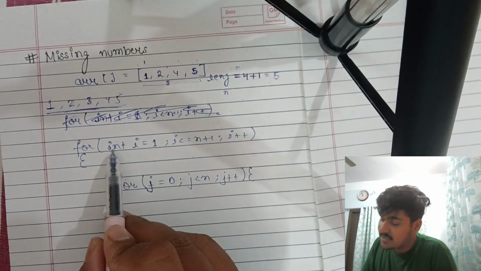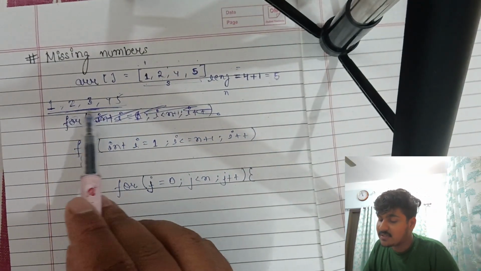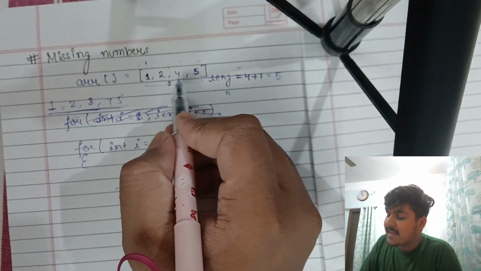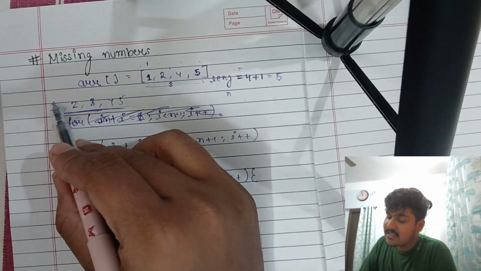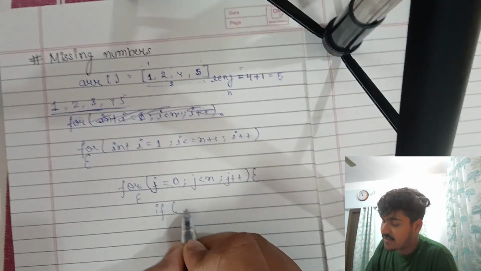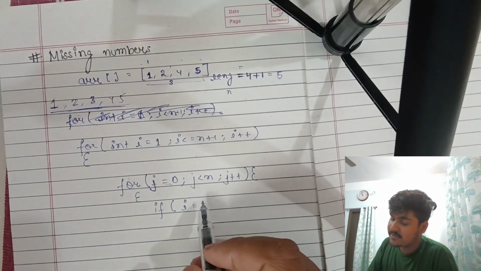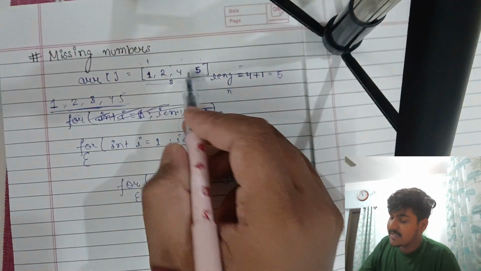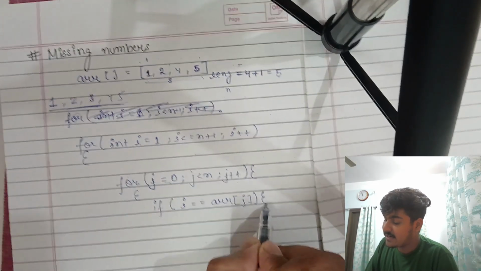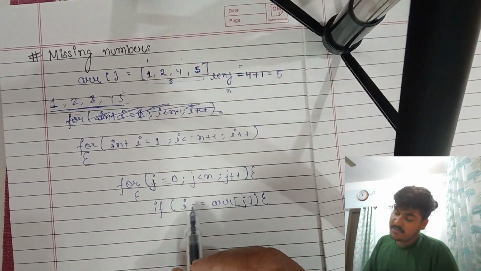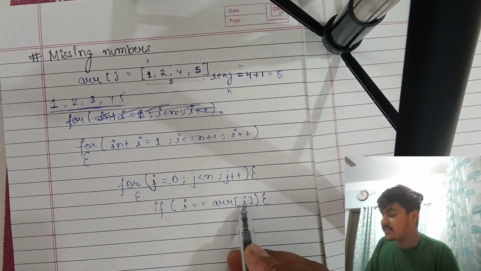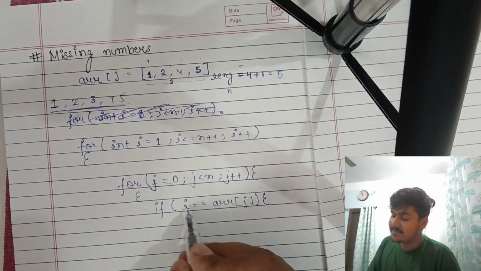So this loop is for traversing these elements, and this one is to travel through the array elements, so that you can check whether these numbers are in the array or not. So if i is equal to arr of j, because j is traversing in it, you check that at any particular point the array element is the same as this.